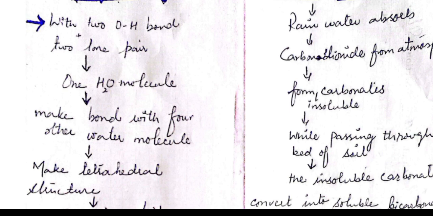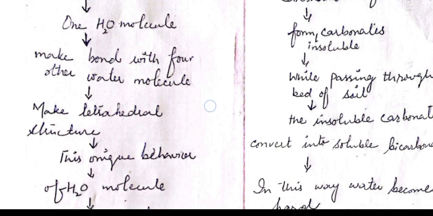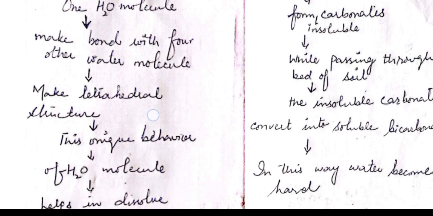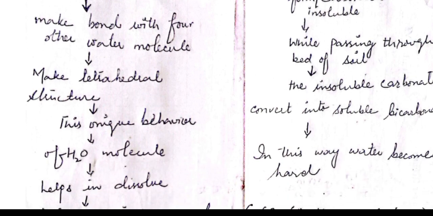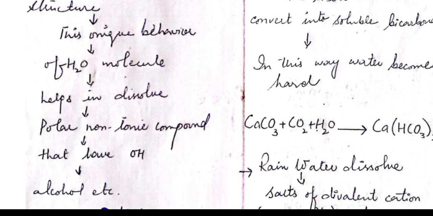In this way, they form a tetrahedral structure, the structure having four corners and four sides. This behavior of water molecules helps in the dissolution of polar non-ionic compounds. The compounds that have OH bonds, like alcohol, dissolve in water just because of this hydrogen bonding ability.